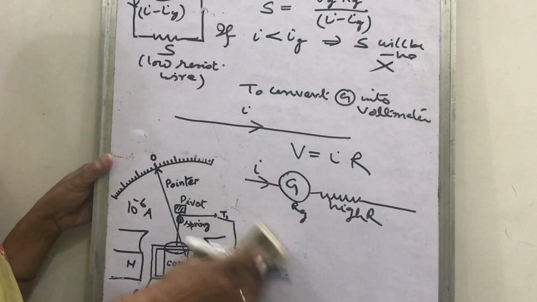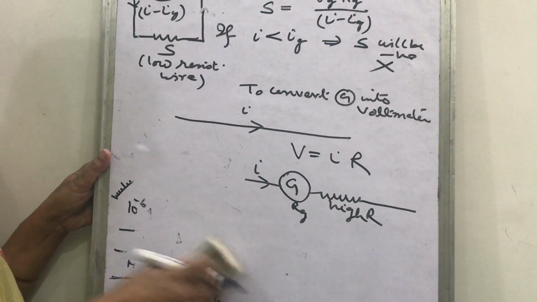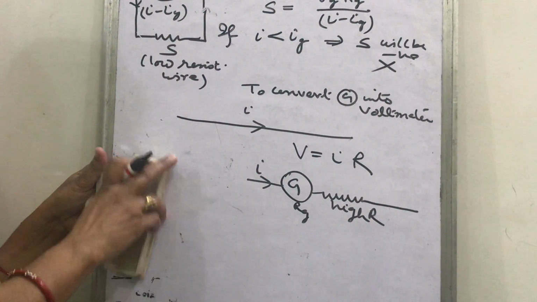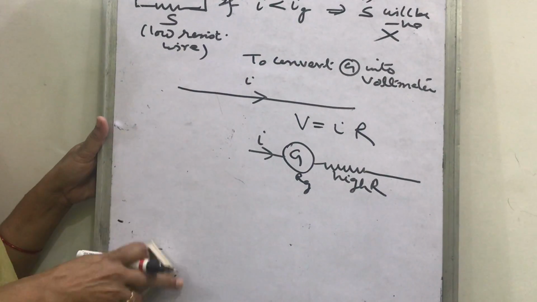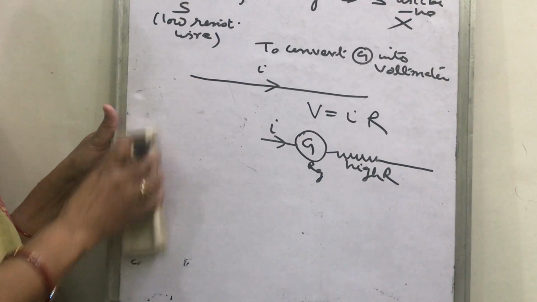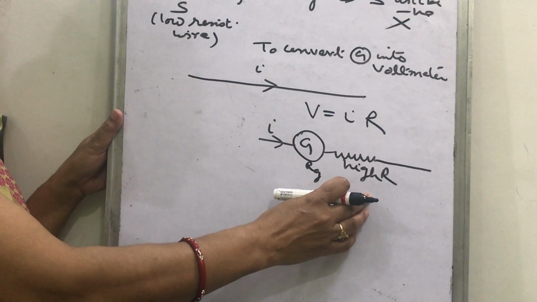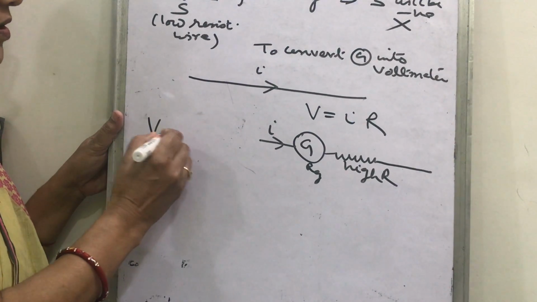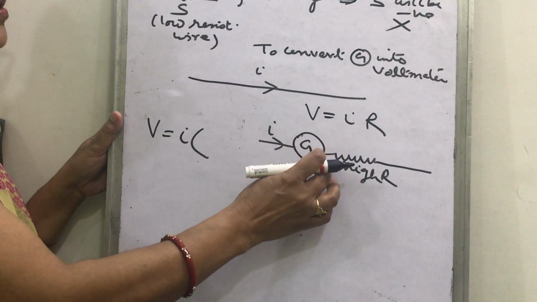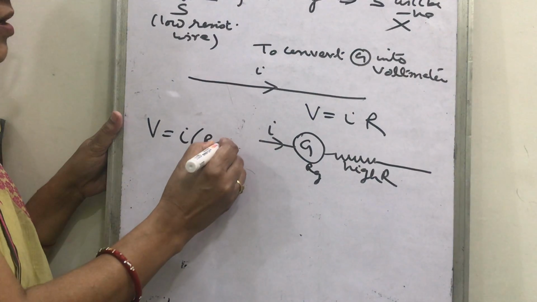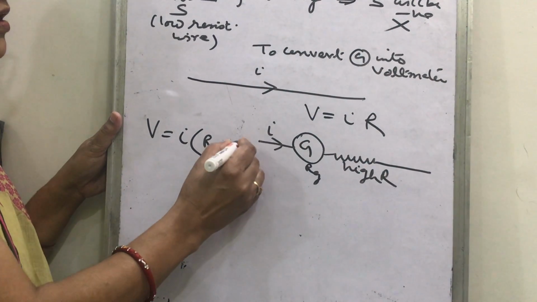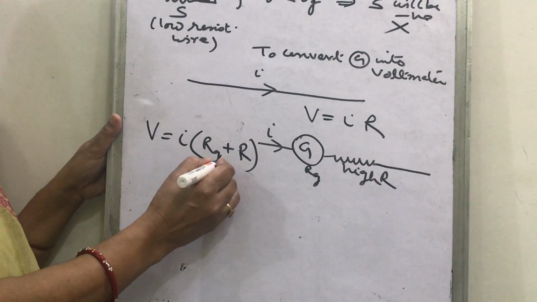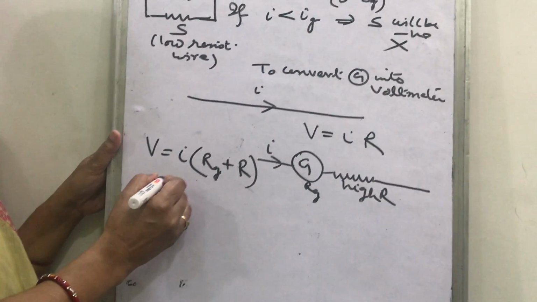How is it connected? To find the value of R, V equals I into the resistance of the galvanometer plus the high resistance R which you have connected. So what will be the value of R?